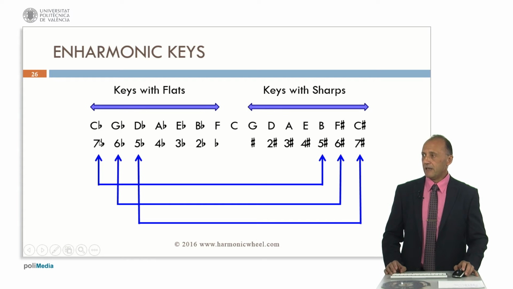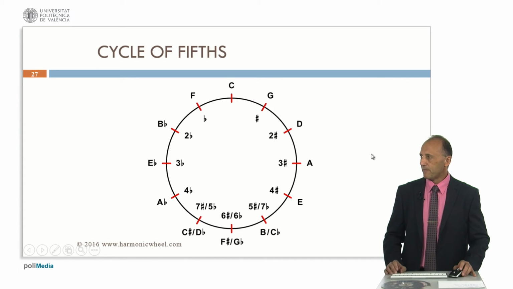So C flat major containing 7 flats is enharmonic to B major containing 5 sharps. G flat major containing 6 flats is enharmonic to F sharp containing 6 sharps. And D flat major containing 5 flats is enharmonic to C sharp major containing 7 sharps.